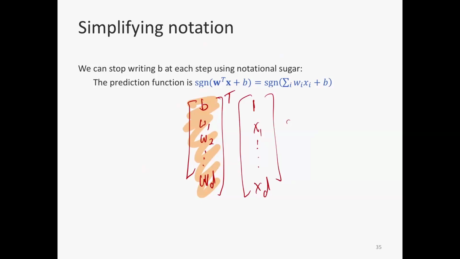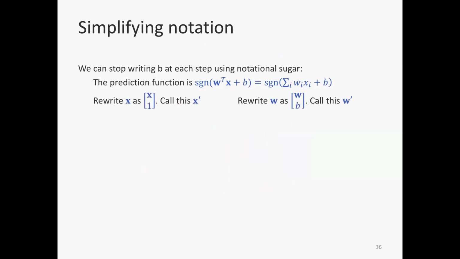So let me say this in a different way. I'm going to rewrite the instance space x. I'm going to add one more feature to the instance, which is just a constant 1. No matter what the example is, the feature value is the same. It's equal to 1. I'm going to call that new feature vector x prime. If x had d numbers, x prime has d plus 1 numbers, the last of which is always 1.